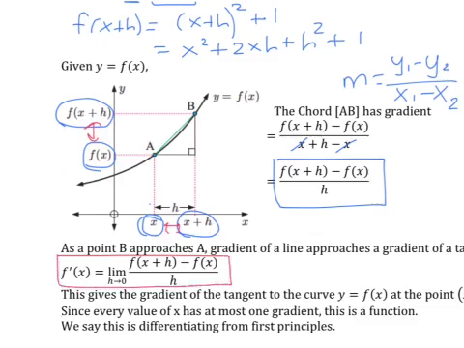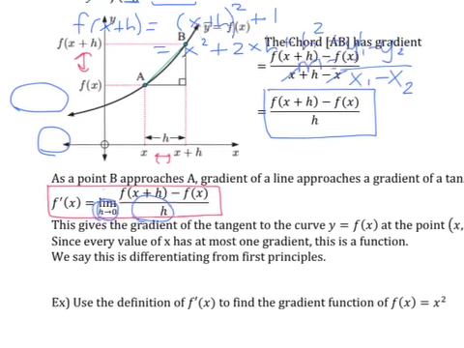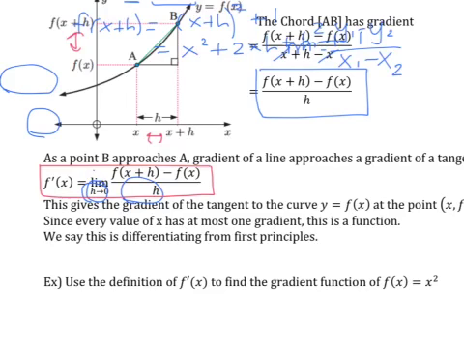This gives the gradient of the tangent to the curve y equals f of x at the point x and f of x. Since every value of x has at most one gradient, this will be a function. We say this is differentiating from first principles.